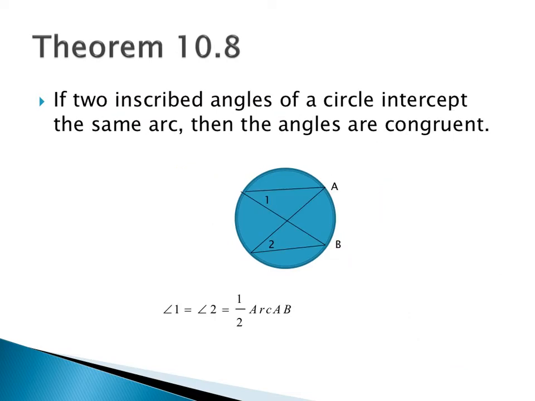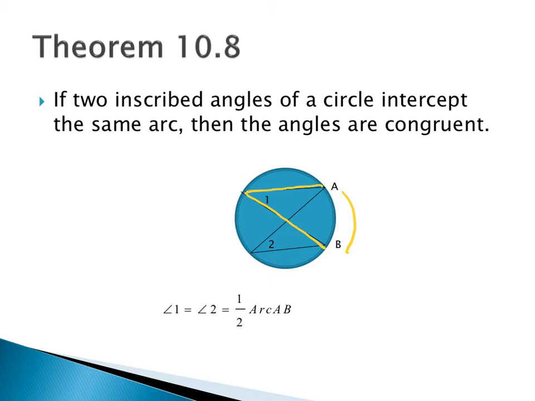Theorem 10.8 states, if two inscribed angles of a circle intercept the same arc, then the angles are congruent. For example, if I trace over angle 1, notice its intercepted arc is arc AB.